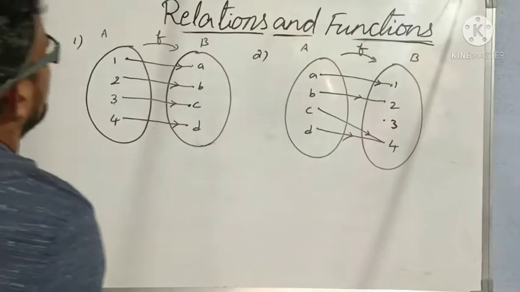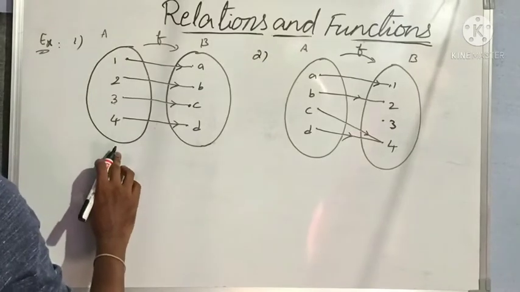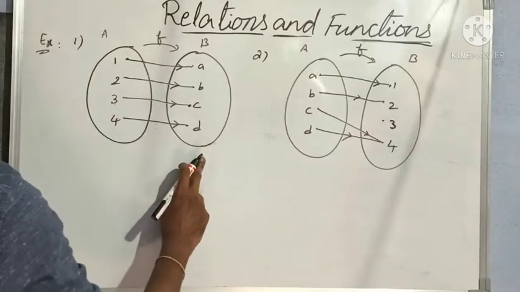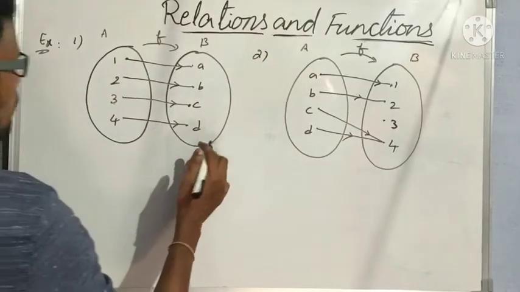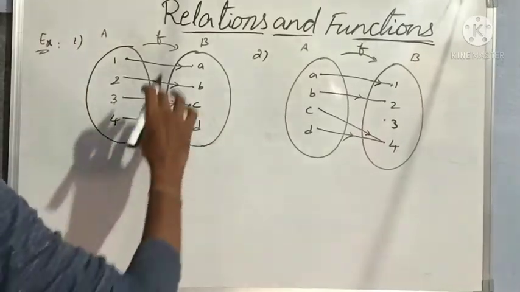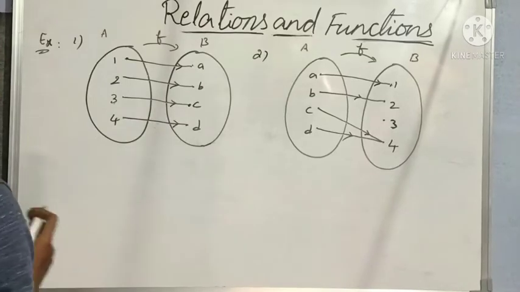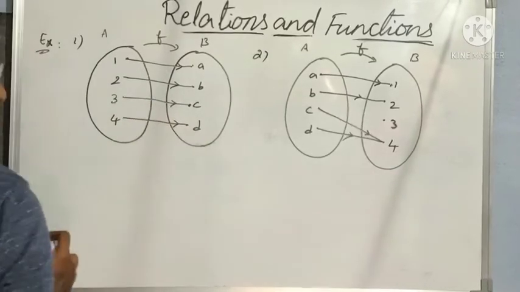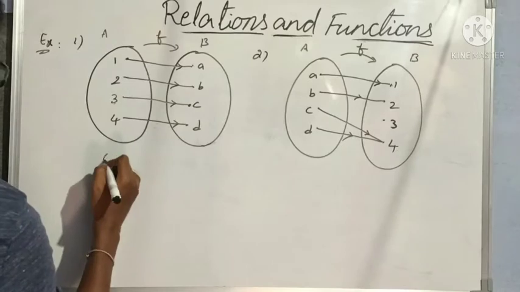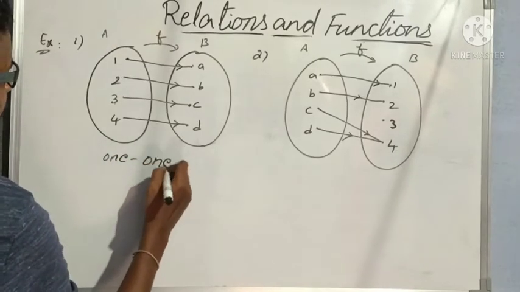Now if you observe here, every element of A is mapped with a different element of B. Every element of A has a unique image here, meaning no two elements are mapped to the same element of B. So such a function is called a one-one function.